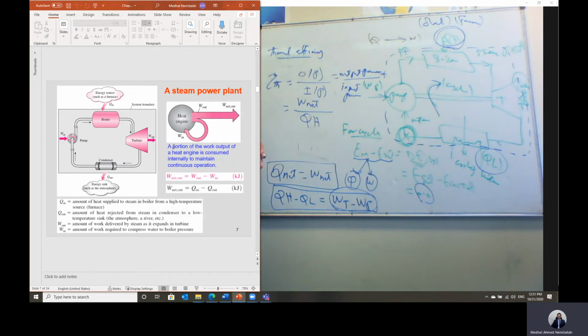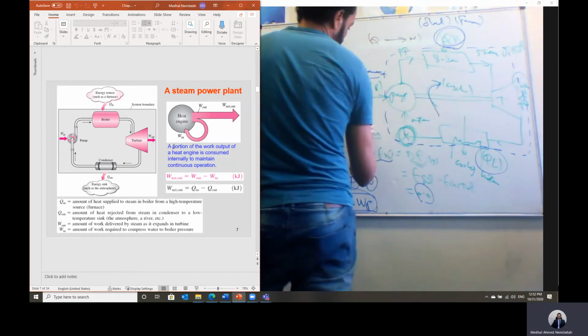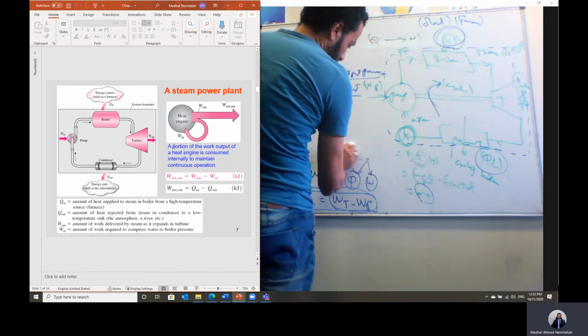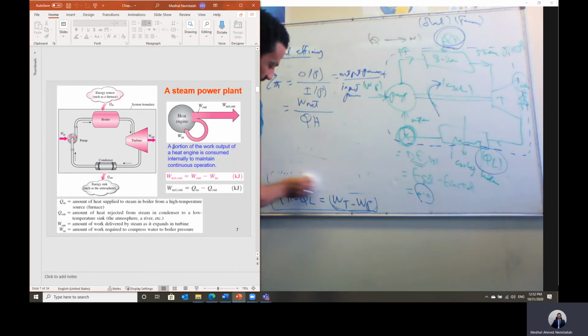But we said that Q net is the same as work net for a system working on a cycle. I just replace it in this definition of the efficiency.